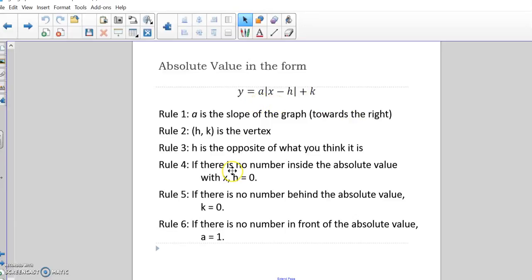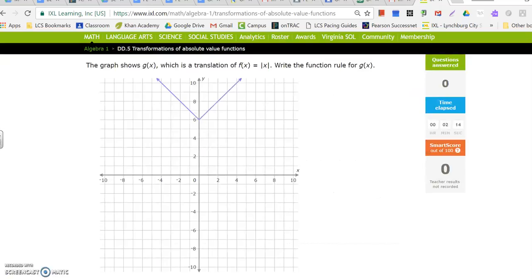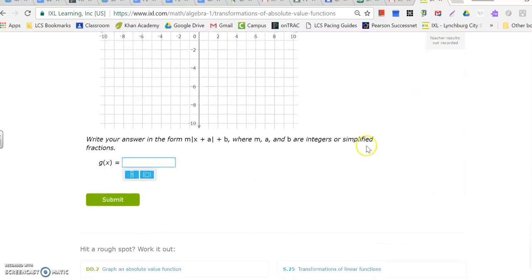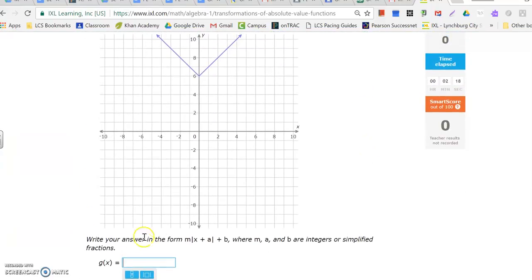So a vertical shift, an up shift like this, would have to do with the K value. That's the one that's out here on the outside. So it's going to be plus 6 on this one because it is up 6. Remember that anything that's up is going to be outside of the bars.